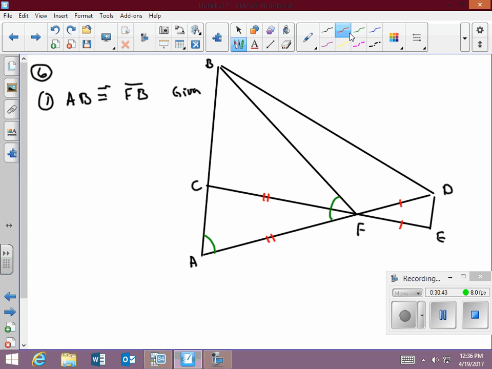And then because these two are congruent, we can say that this angle is congruent to this one, correct? Yeah. Let's try it. And then maybe I should put a double mark in here. And then this one is congruent to that one.